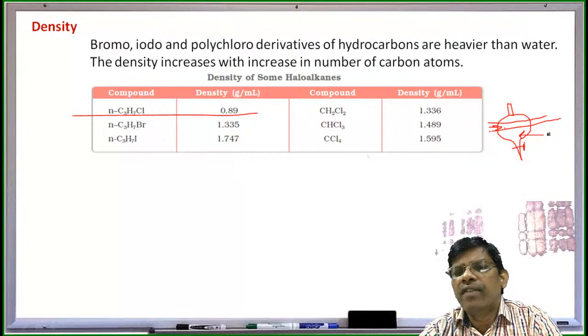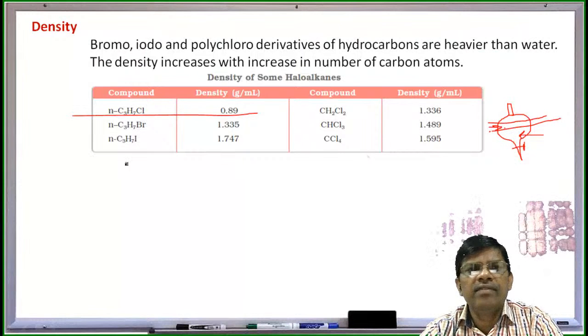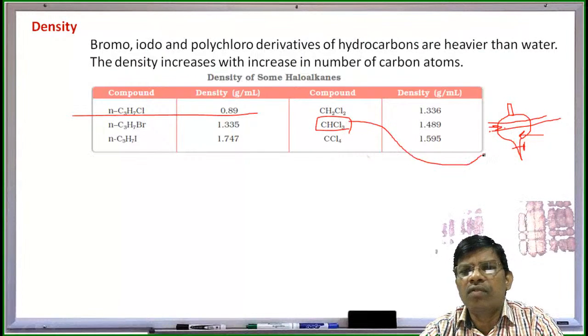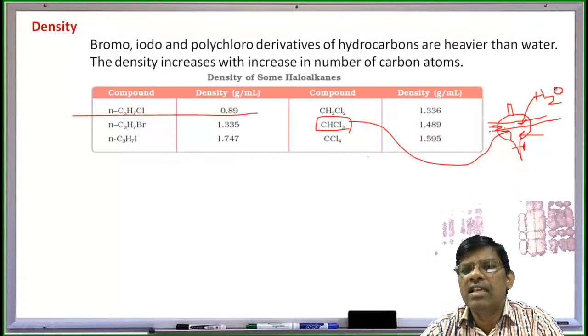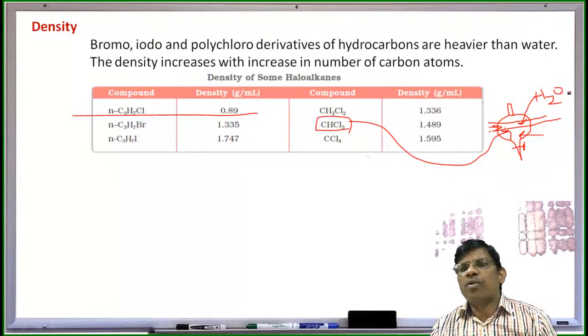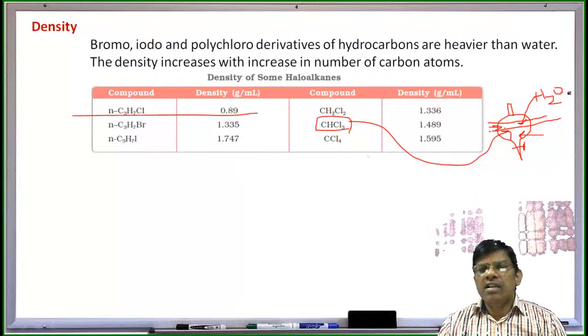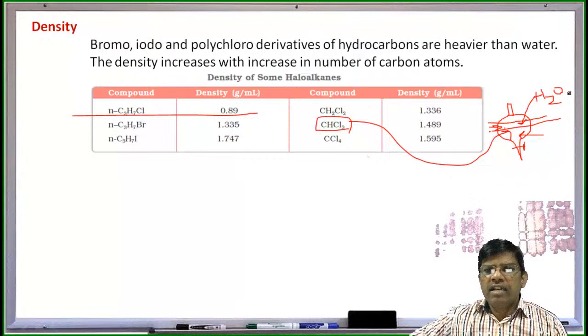For example, if I take chloroform, chloroform is down and water is the upper layer, because chloroform density is more than water. So these compounds give layer formation, and they are immiscible with water.